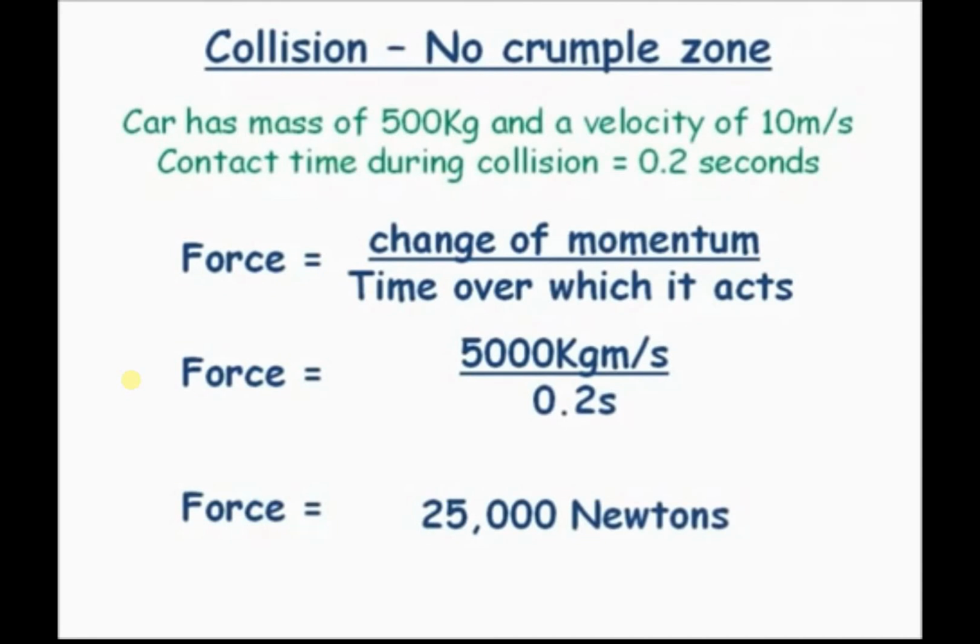So the car had the same change of momentum, because it was still 500 kilograms, going at a velocity of 10 meters per second, but the contact time between the wall and the car was only 0.2 seconds. So if we put these numbers into the formula, this time we get a force much greater of 25,000 newtons, which is why poor Ollie ended up being thrown out of his seat.